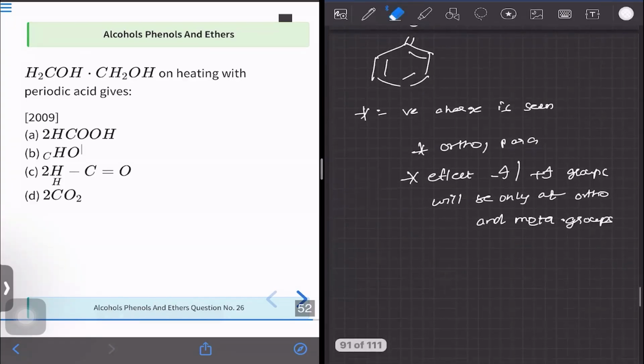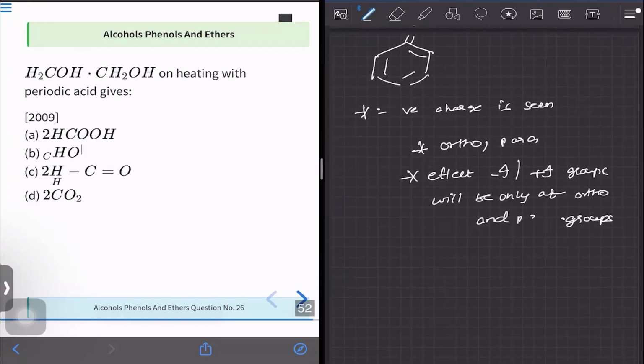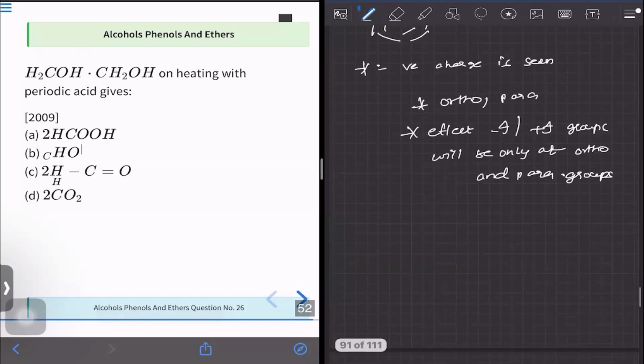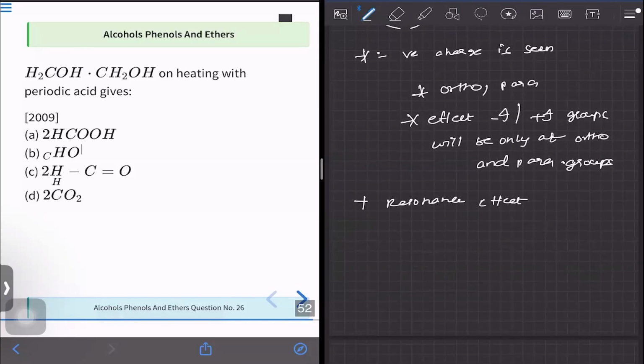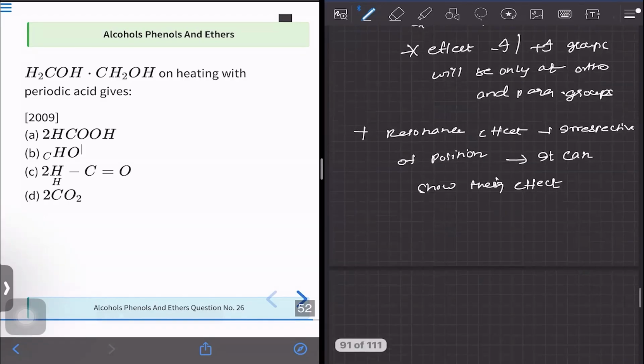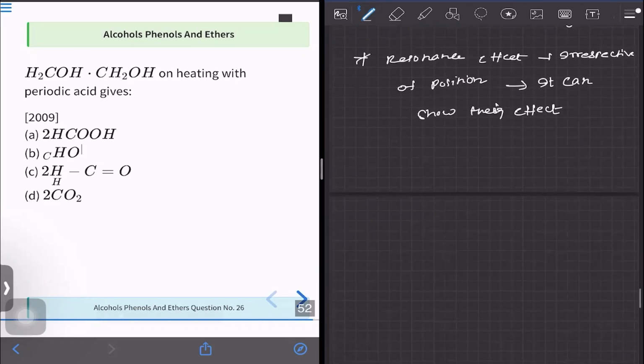Whereas the resonance effect, irrespective of position, can show its effect.